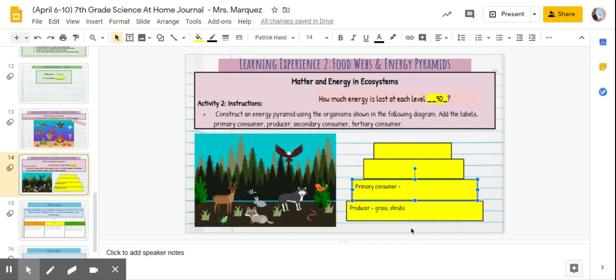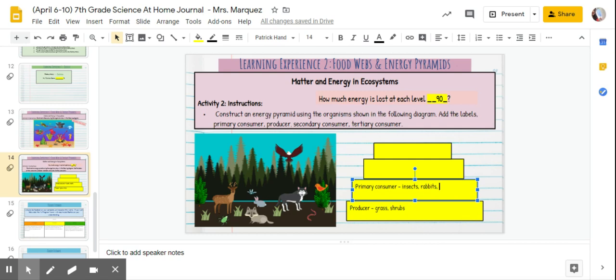So we've got bugs, insects, bunny rabbits. Let's just put rabbits, not bunnies. Sorry. I think we're good on that. Let's call that good for now.